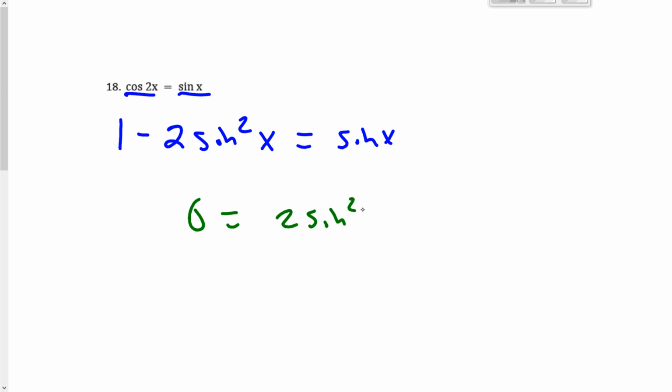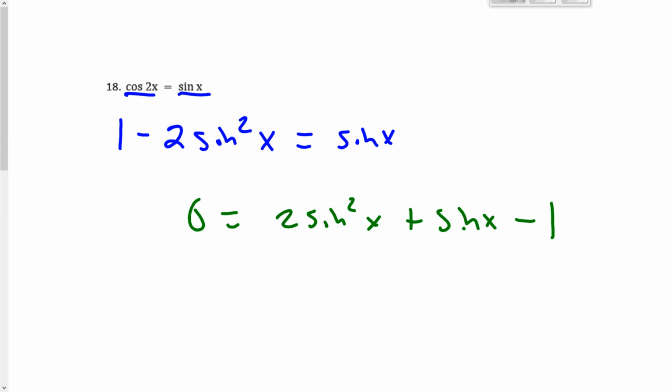So 1 minus 2 sine squared of x equals sine of x. Then we can go ahead and move this over. I'm just going to put it so it's all positive here. We have 2 sine squared x plus sine x minus 1.